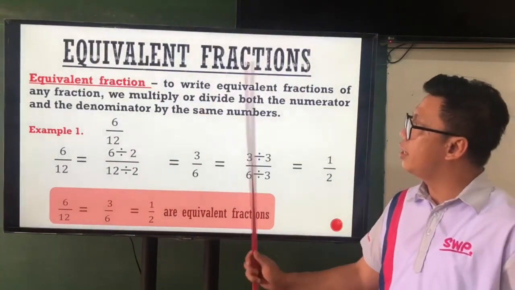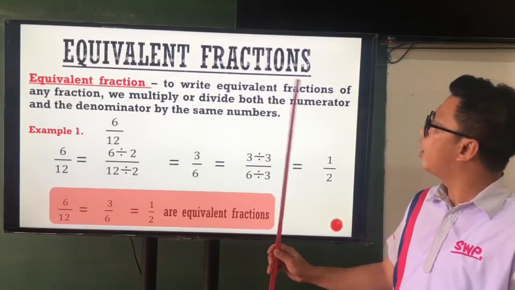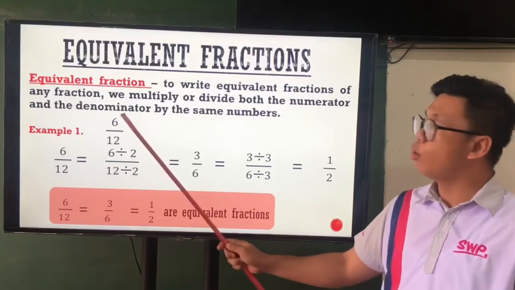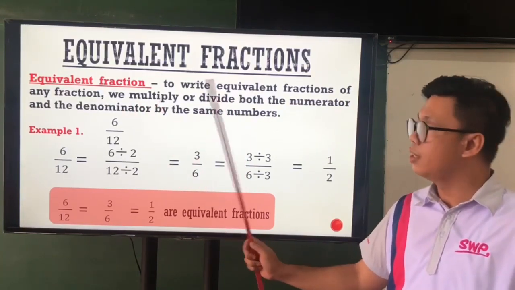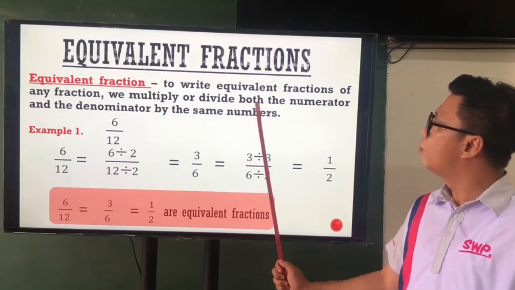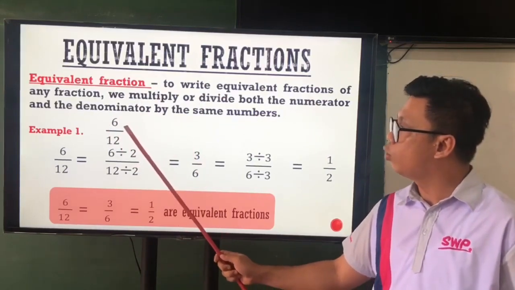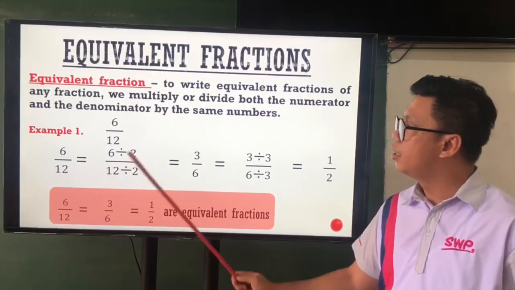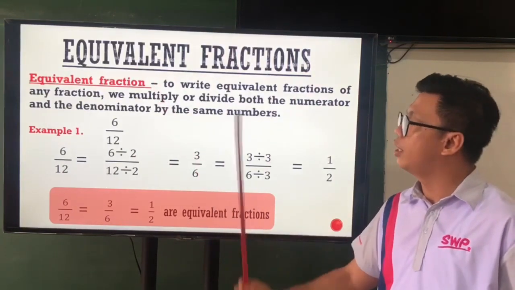To find the equivalent fraction, we multiply or divide both the numerator and denominator by the same number.